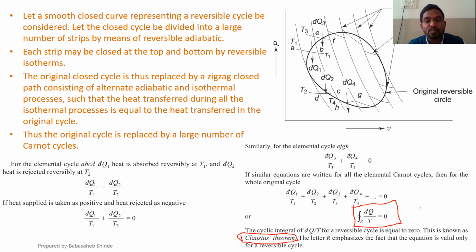We are going to see some numericals based on this in upcoming sessions, but till then you need to remember that the cyclic integral of dq by T is equal to 0 is known as Clausius theorem. Any doubt till this point? If you have any, let me know. No, sir. Okay.